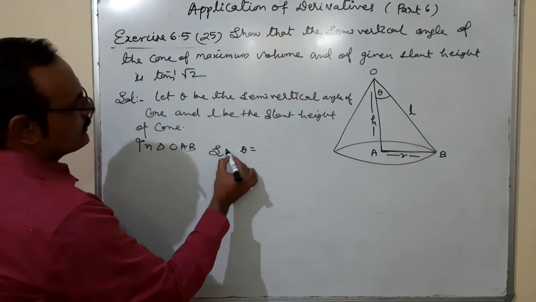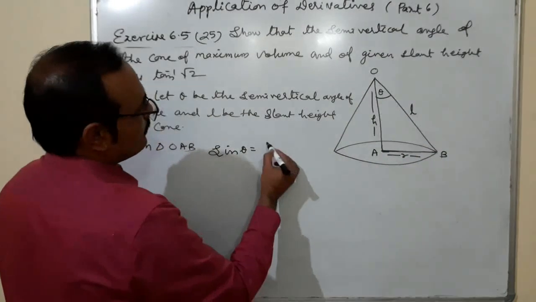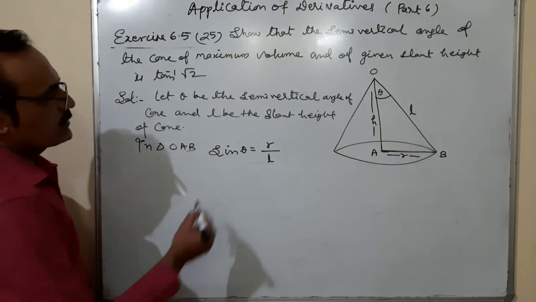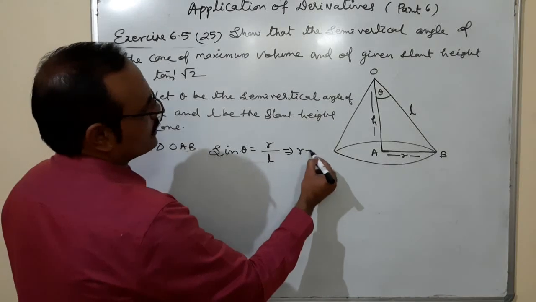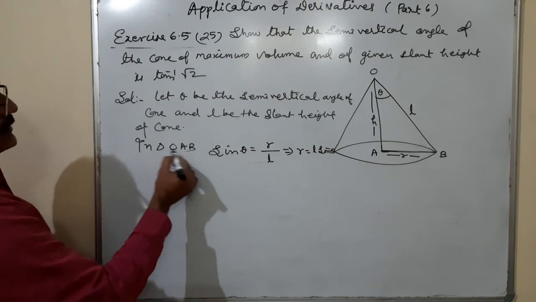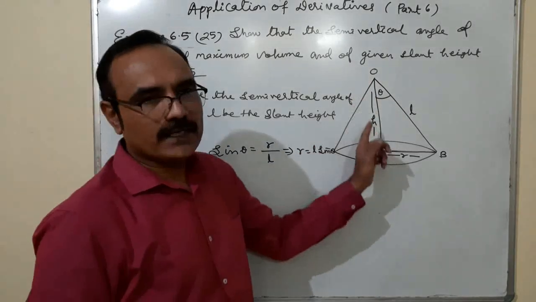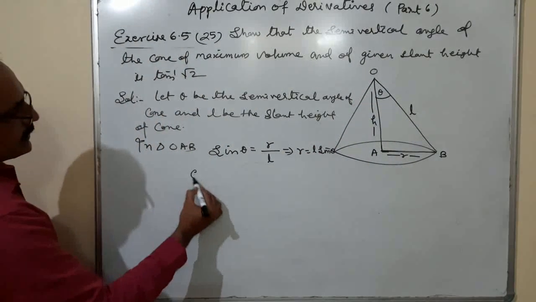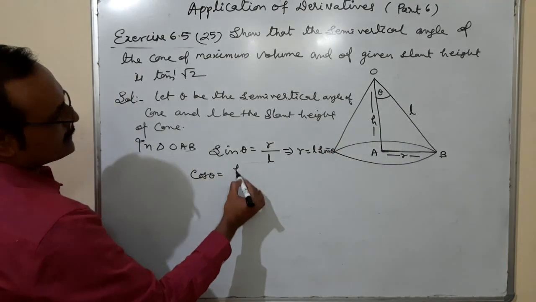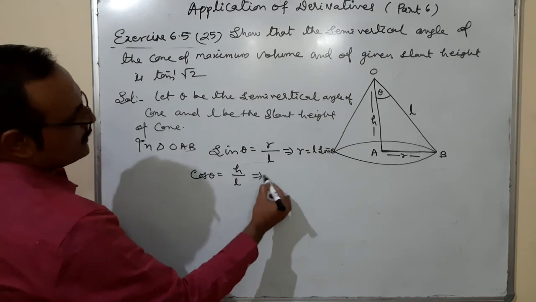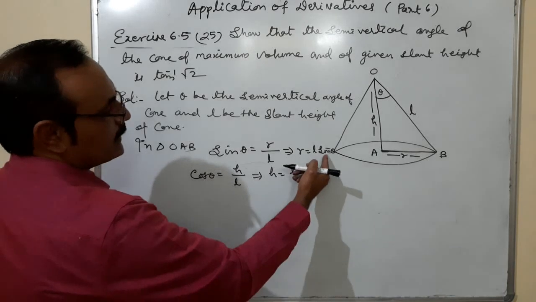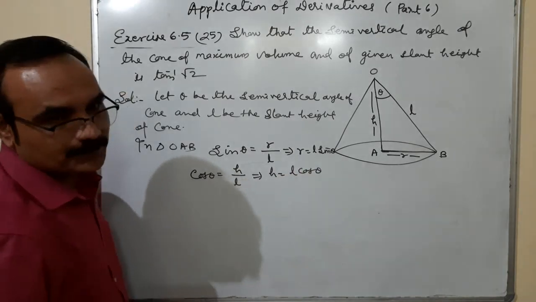So sine theta is equal to r upon L, that means r is equal to L sine theta. Second, in the same triangle we need the height also. Using cos theta, which is base upon hypotenuse, h upon L. So h is equal to L cos theta. This is the radius of the cone and this is the height of the cone.